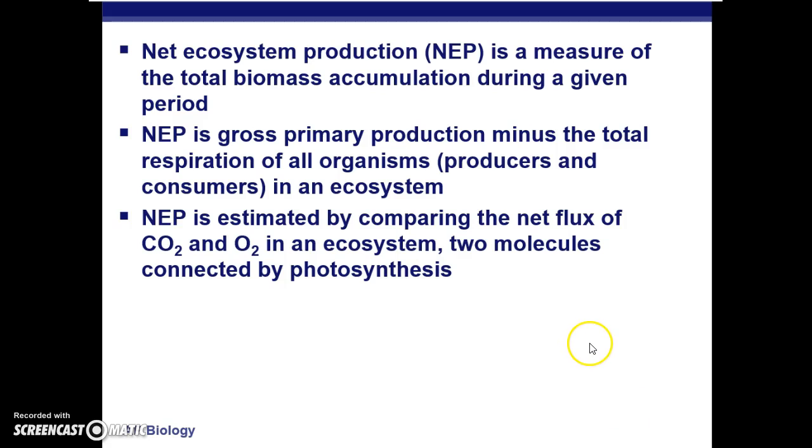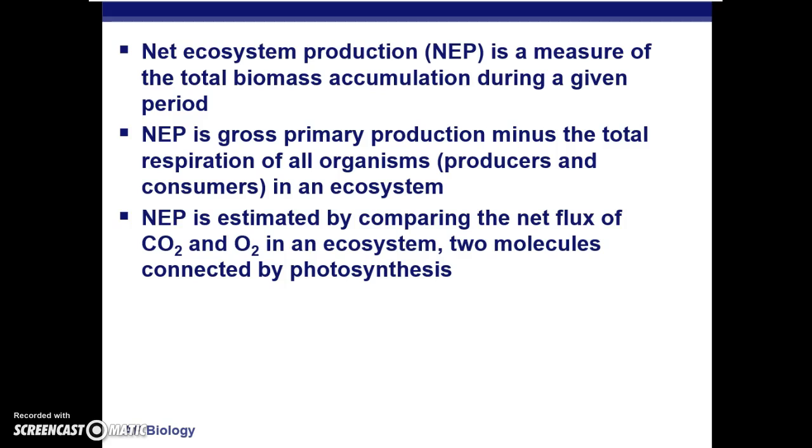So another term that you might see is NEP, and this is the net ecosystem production. And that's just a measure of the total biomass accumulated during a given period. So the NEP is gross primary production, the GPP, minus the total respiration of all organisms.